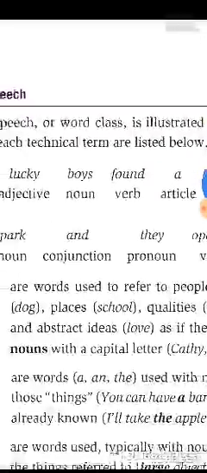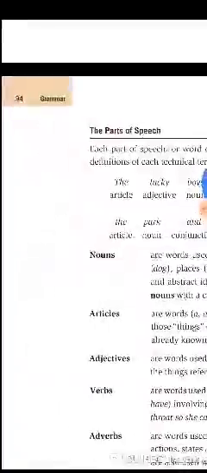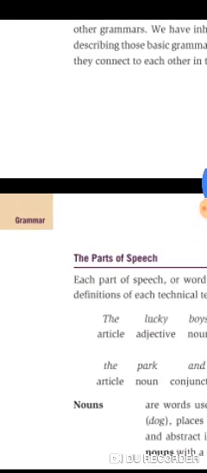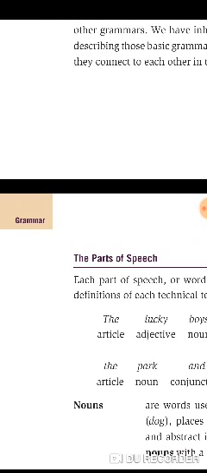Well, if you go to the next page, I suppose it's page 94, you can see that the traditional grammarians found something called the parts of speech. What are the parts of speech?